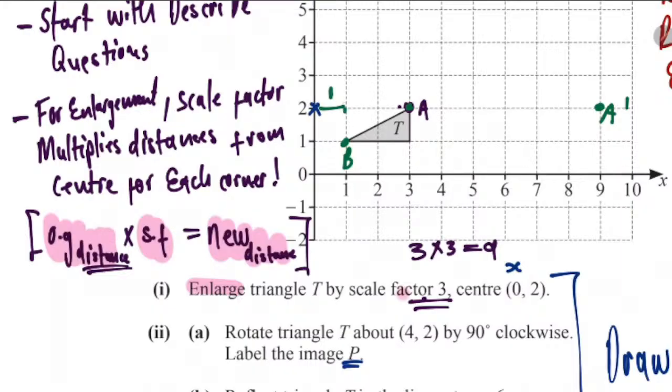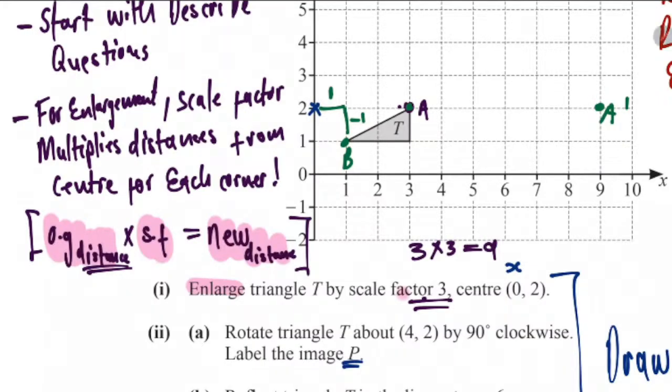Then how many steps from the center to B? You go down 1 step, so it's -1 in the y. So it's 1 in the x, then -1 in the y.